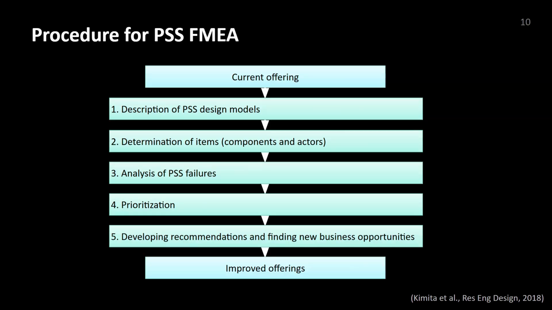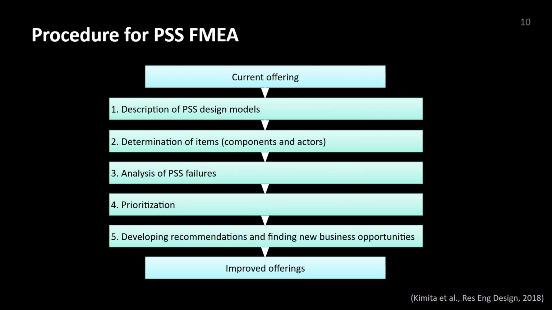In terms of stepwise procedure, it's not complicated, it's straightforward. First, you need to describe what PSS is under design. That's step one. And then step two is determining the physical components and also service actors. Step three, analyze the failures.